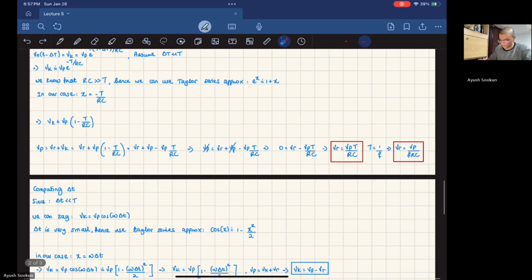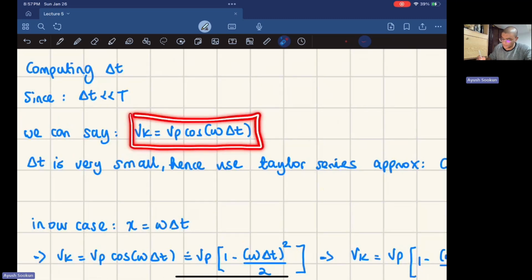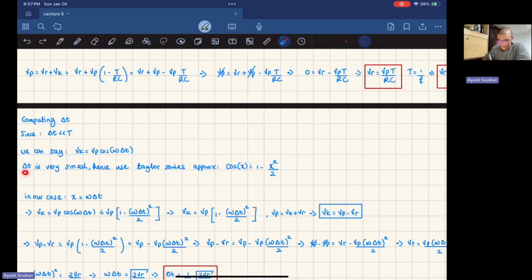Okay, let's go back here. So we have Vk equal Vp cos omega t. Because delta t is very small, we're going to use a Taylor series approximation: cosine x is approximately equal to 1 minus x squared over 2.